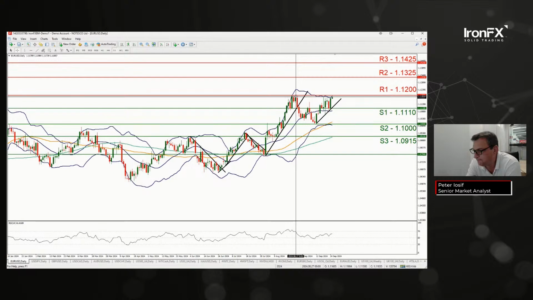On a fundamental level, I would be explaining the rise of the pair mostly as a weakness of the US dollar. It was a weakness that was evident across the board in the FX market. We see that later on as well, especially major pairs.